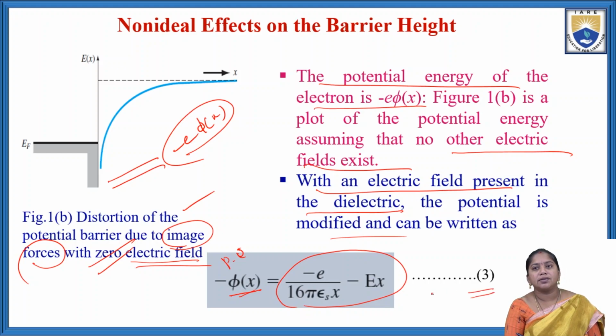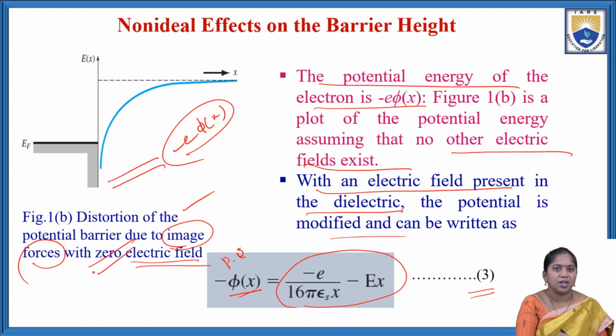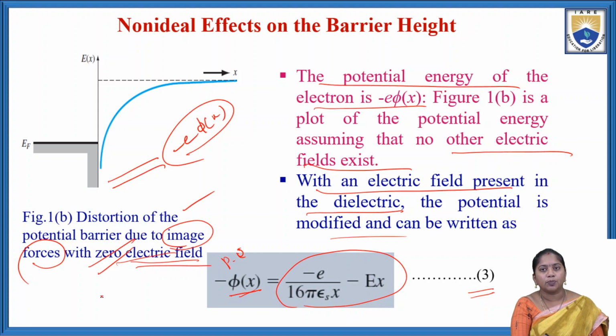So the potential energy of the electron is e into minus phi of x, where E is the electric field, x is the distance of the electron from the interface, and epsilon s is the permittivity of the semiconductor.